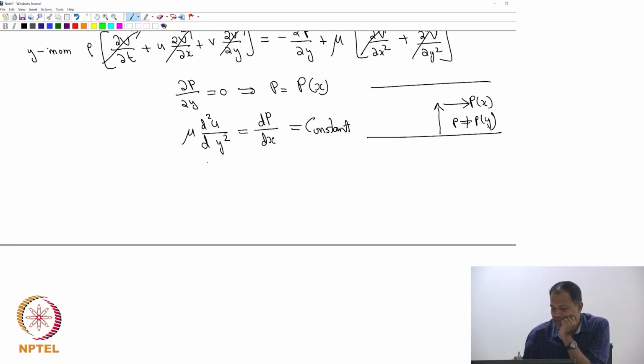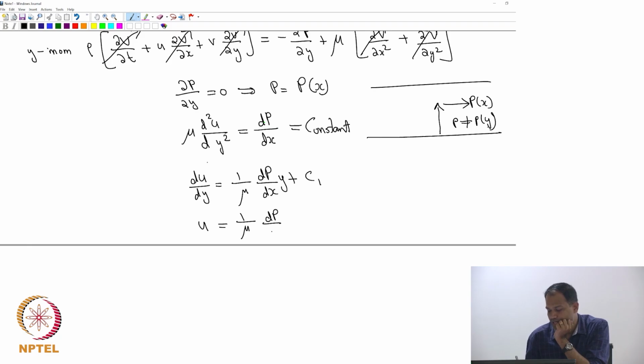So it's a second derivative, and because this is a constant, I can simply integrate it as du by dy is equal to 1 by mu times dp by dx times y plus a constant c1, and u is equal to 1 by mu dp by dx into y square by 2 plus c1 y plus c2, right.